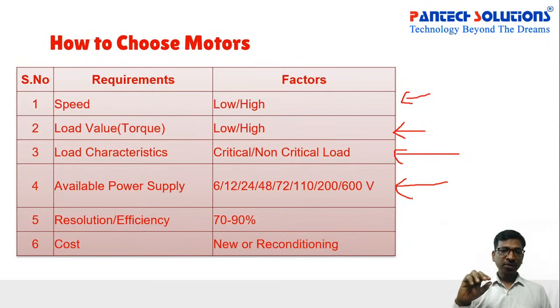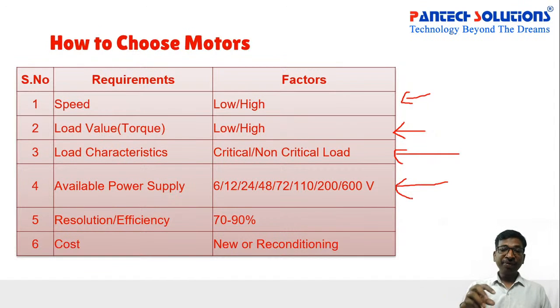So there you have to choose the available power supply. The entire load will include the motor load, battery load and additional circuits. These are all the entire load value, that is the torque value.